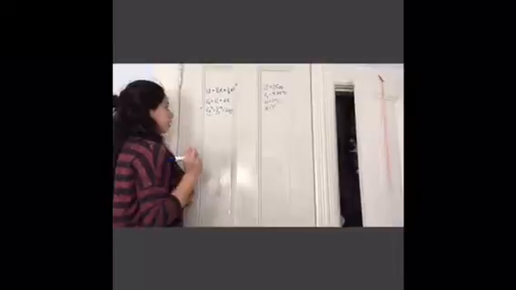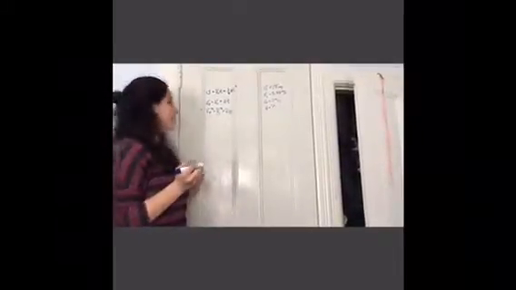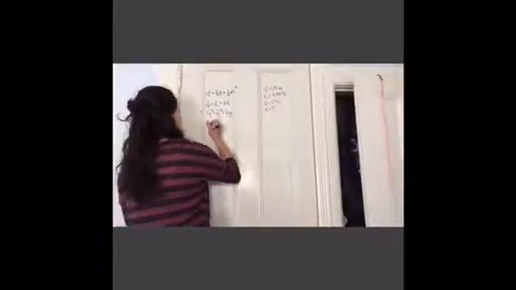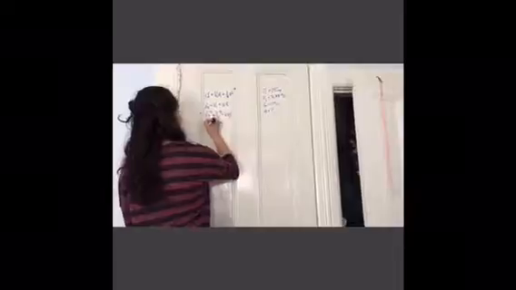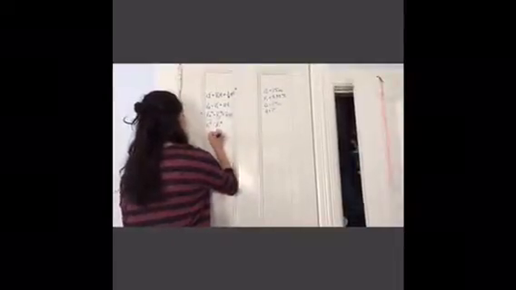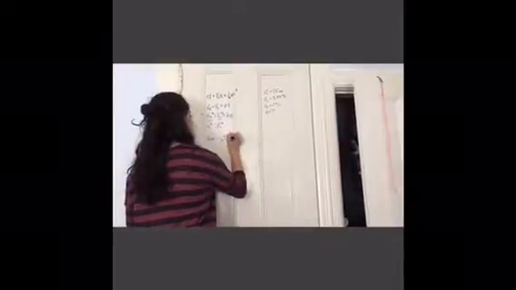So first we have to start by rearranging the equation so that a is all by itself on the side of the equal sign. So if you subtract vi squared from both sides, you get 2ad equals vf squared minus vi squared.